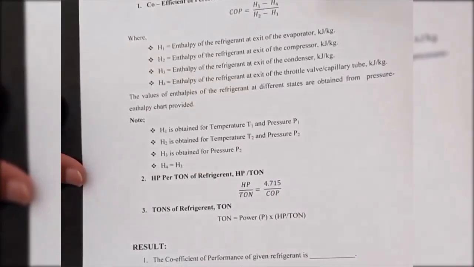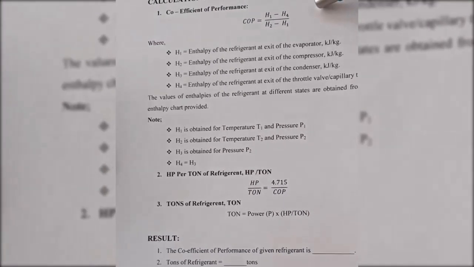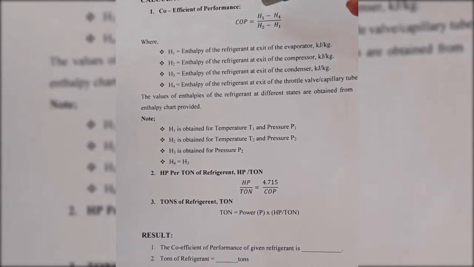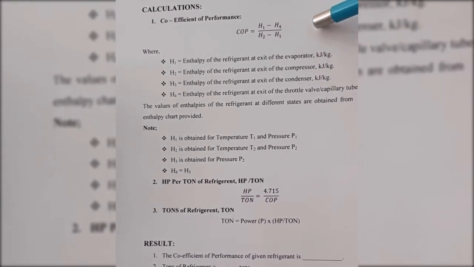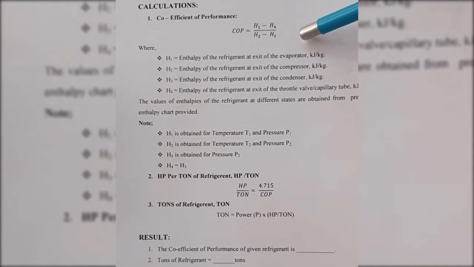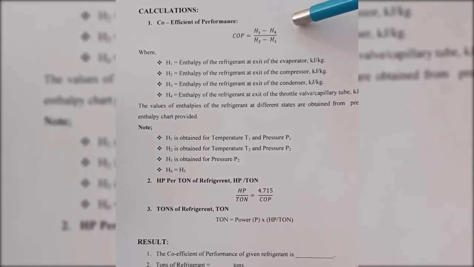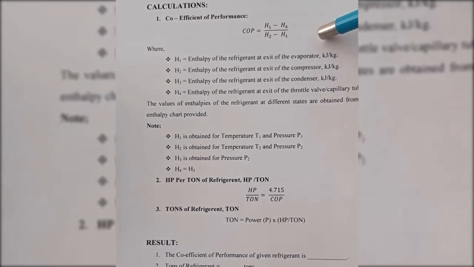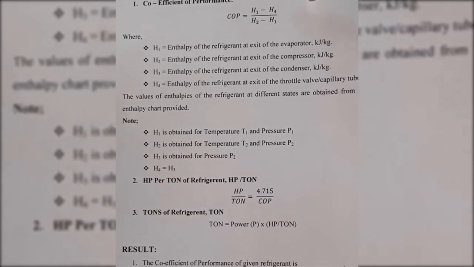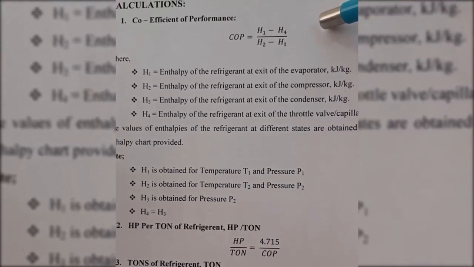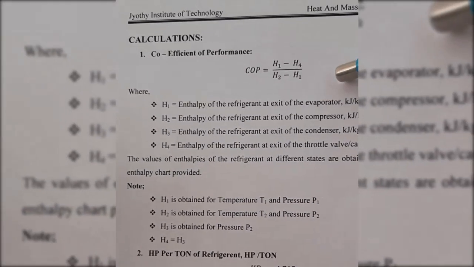What we have to determine is the coefficient of performance. That's the objective of the experiment, and COP is given by the general definition: H1 minus H4 divided by H2 minus H1. That is, the enthalpy difference of the heat extracted to the enthalpy difference of the work supplied.